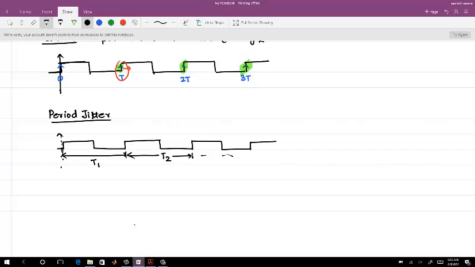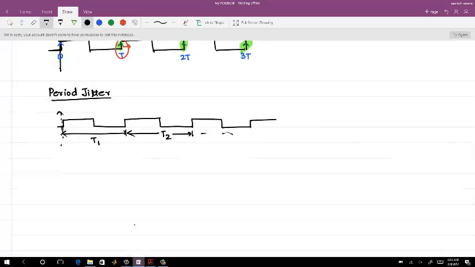Now I can say two things. One thing is, the mean value of the period is nothing but 1 by N of the summation of Ti, i goes from 1 to N. You take N large, find the periods, and get the mean period.